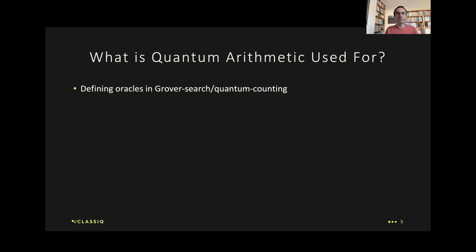With algorithms that use oracles, you can define oracles in terms of logical or numeric expressions over some space. So that's what you can do with Grover search or quantum counting, or generally amplitude amplification algorithms.